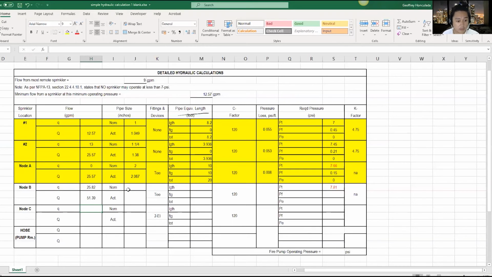Now we need to fill this part out in order for us to solve for PF, the friction loss.